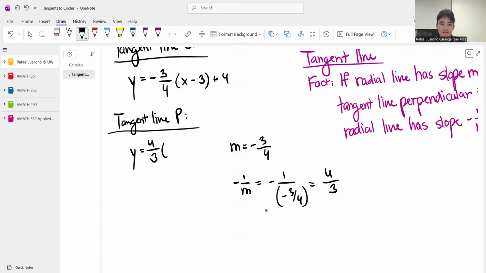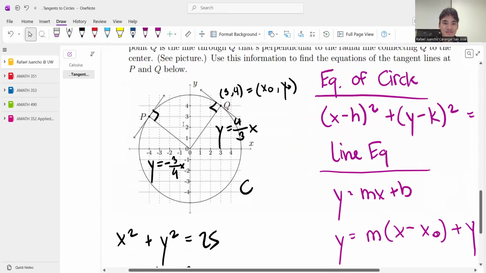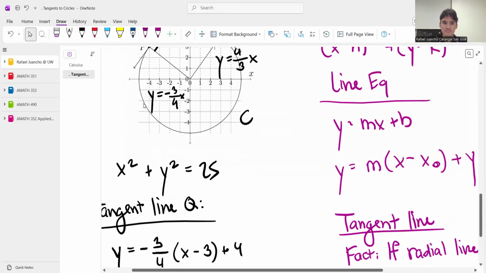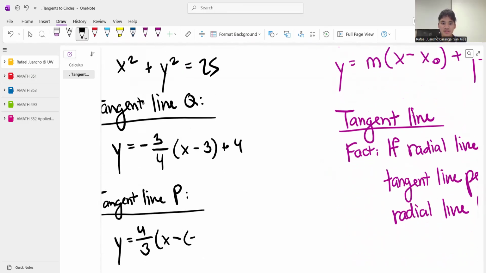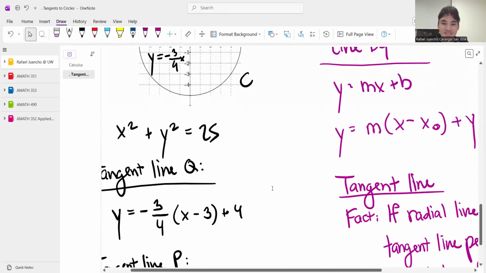So 4 over 3 x minus something plus something. Let's figure out this point. This would be negative 4/3. This point. So it's actually minus negative 4. That's the same thing as plus 4 minus 3. Plus 3. Whoops. I almost messed that one up.